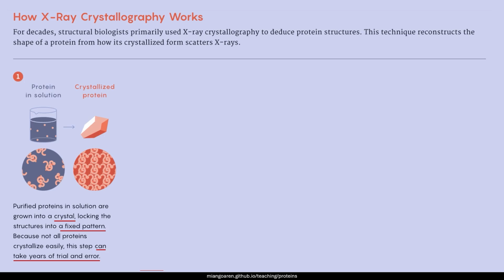What we observe here is precisely what the X-ray crystallography experiment is like. Very briefly and simplified as much as possible. In this case, we start from a pure solution of our protein, and now what we do is obtain a protein crystal, so that the protein molecules are formed in a fixed pattern.